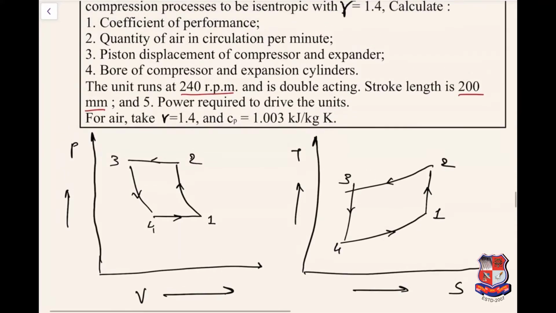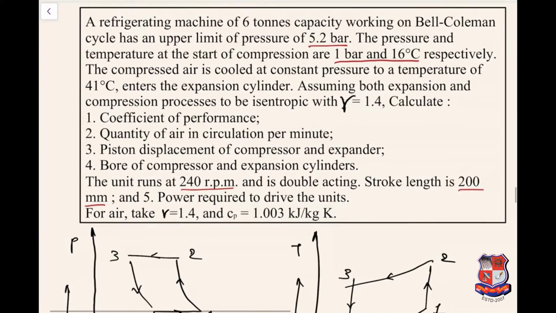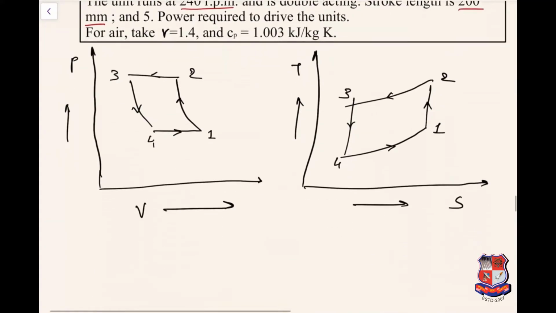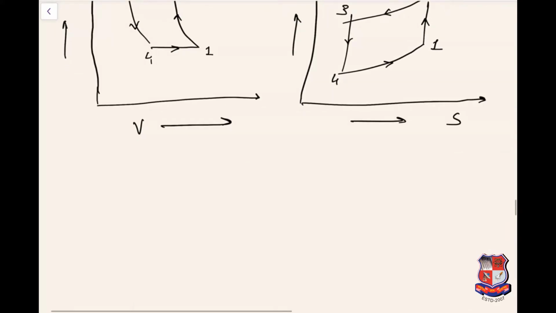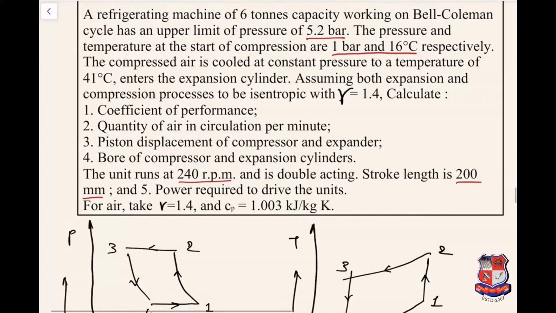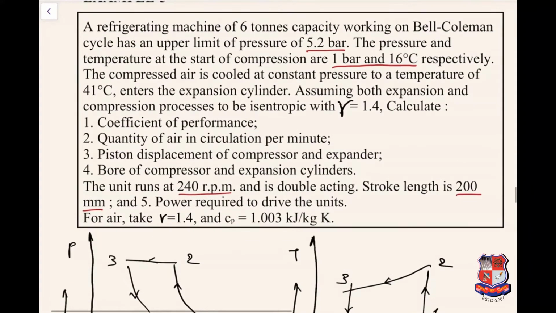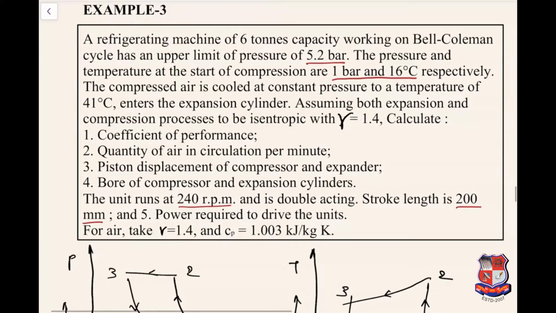So what are the data given? That is capacity of machine, that is Q. So Q is given, that is 6 tons. Then another thing, that is the upper limit of the pressure, that is 5.2 bar. So what is the upper limit?